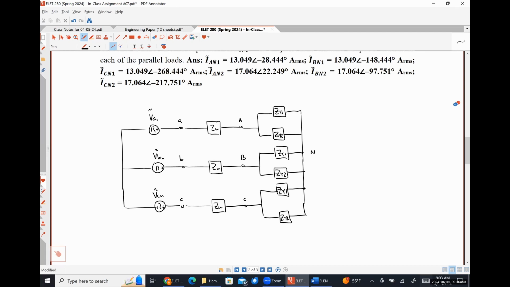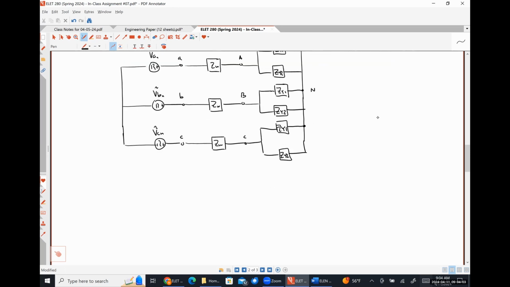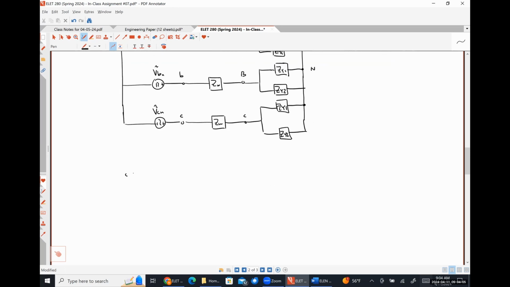Okay, so how do we draw our single phase equivalent circuit? Between lowercase a and lowercase n, we have our voltage source.